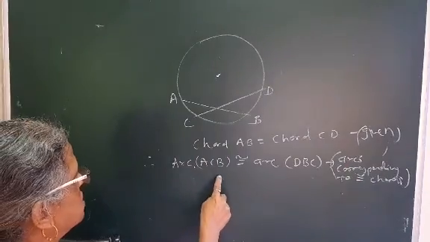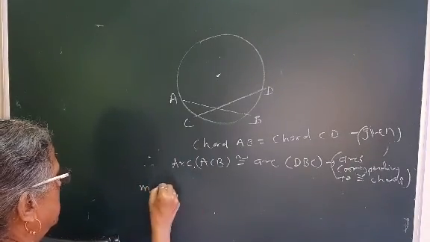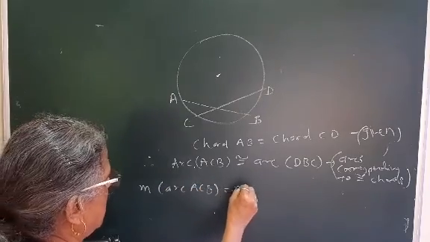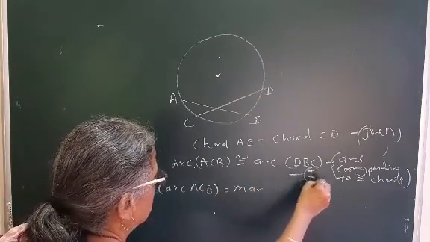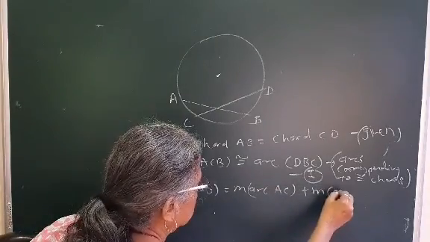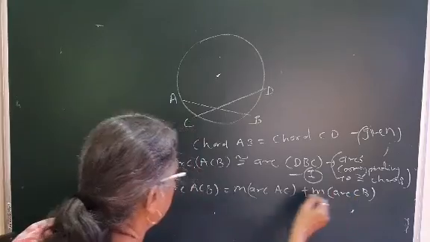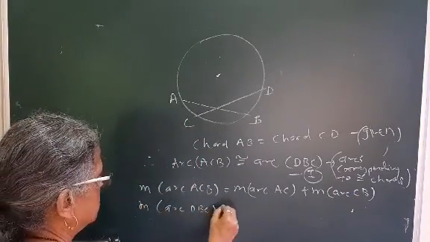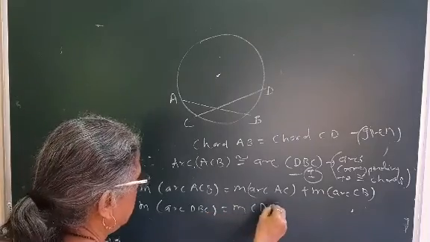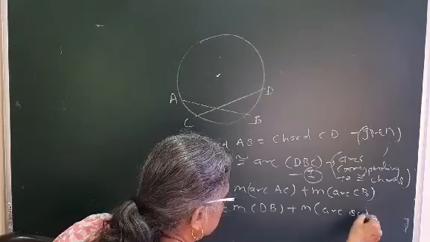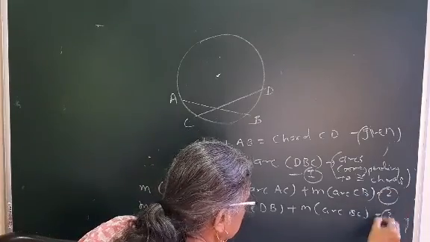But major arc ACB is equal to, this is, suppose 1, major arc AC plus major arc CB, and major arc DBC is equal to major arc DB plus major arc BC. This is second, this is third.